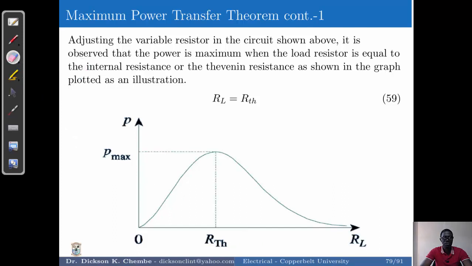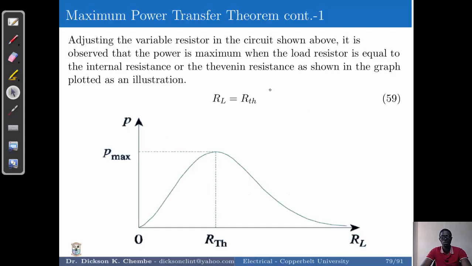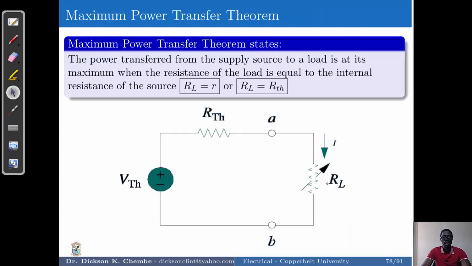Now, if we come to calculating the current in the circuit, the current is found from V Thevenin, which is the Thevenin's voltage, over the sum of the Thevenin's resistance plus the load resistance. This is because in this circuit you only have the Thevenin's resistance and the load resistance.